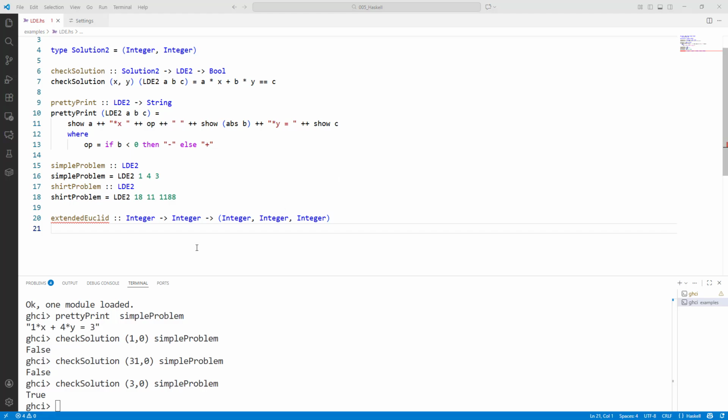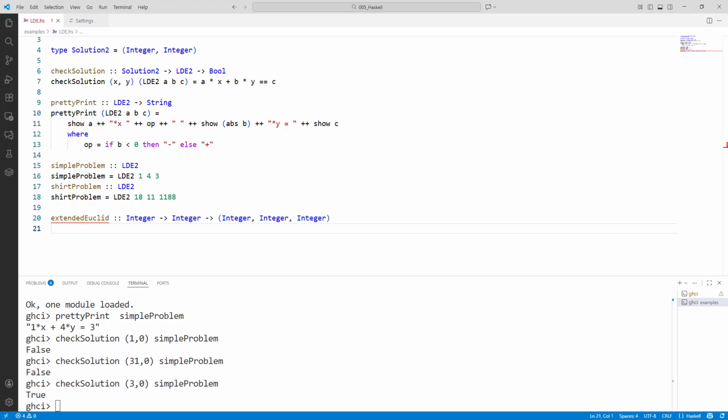So, as I mentioned, this is going to be a recursive function, and we need a base case. The base case for this algorithm is when B is 0. So if B is 0, then the GCD of A is what exactly?